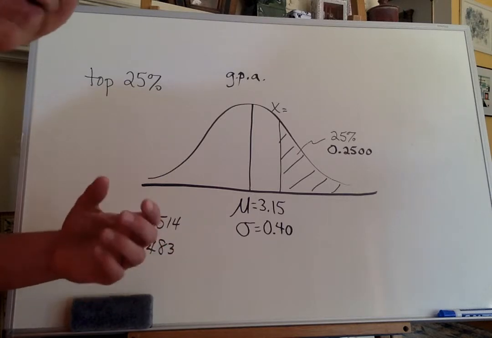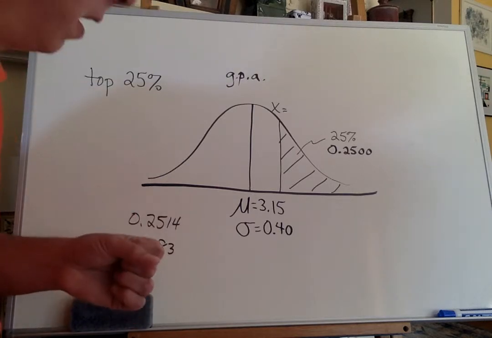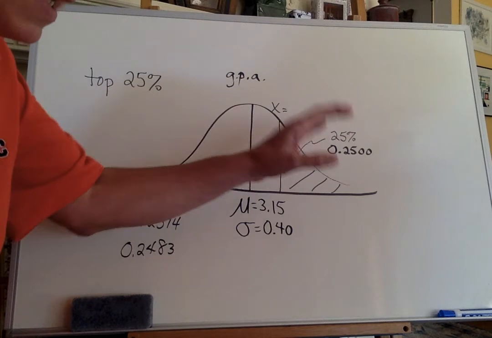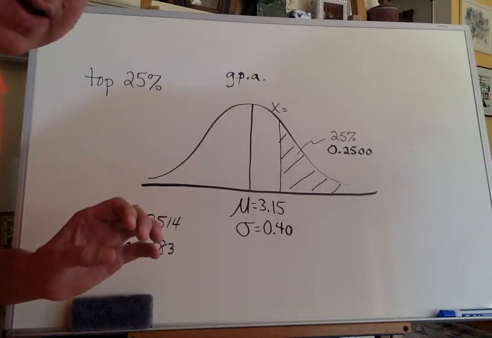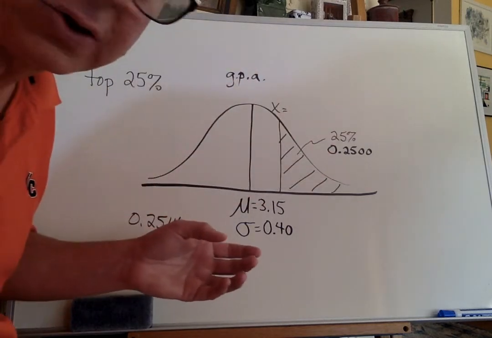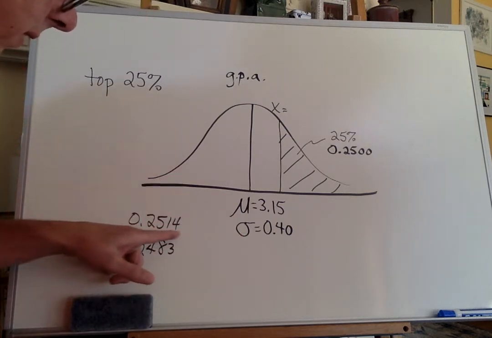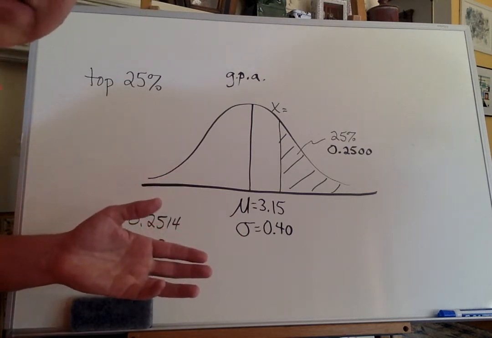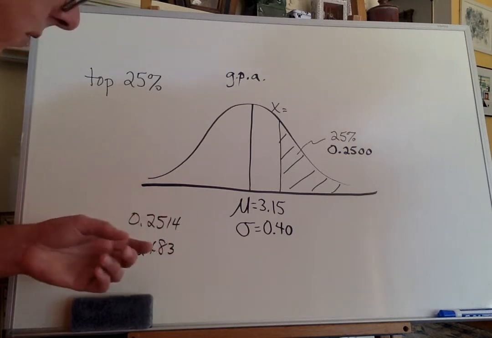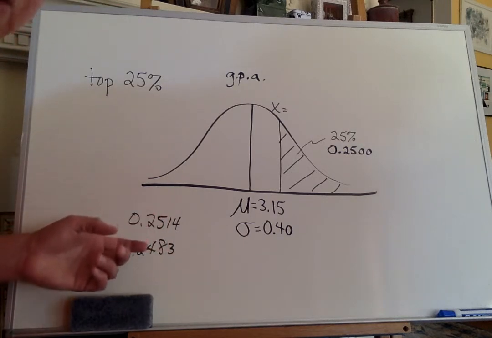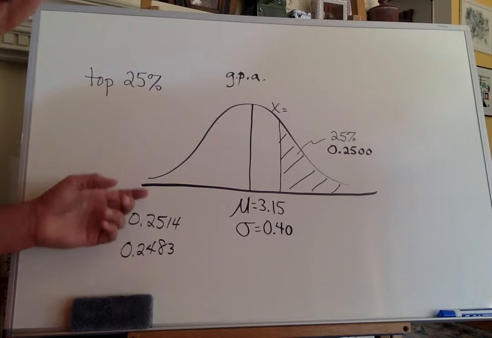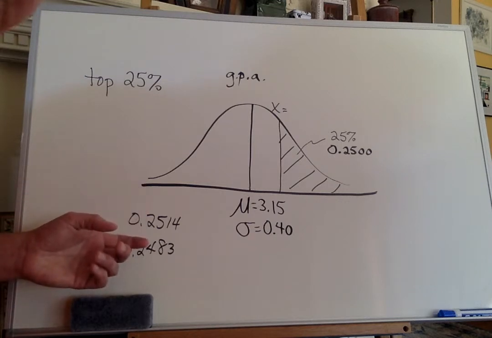Well, if I was a real stickler, and I wanted exactly 25%, because if this was a university that had 30,000 students, that might make a difference having a little bit more than 25%, right? If I was a stickler, what could I do here? What is a tool that you have in your statistical toolbox?